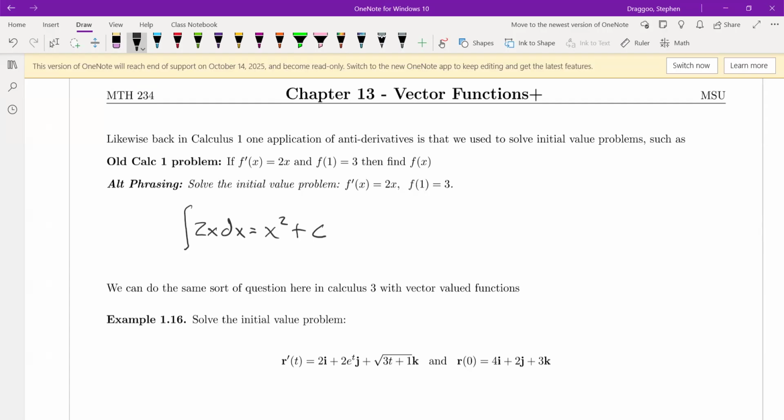And if f of 1 is 3, that means that f of x is x squared plus 2. To show the work in the middle of jumping from one to the other, I should have 3 equal to 1 squared plus c. Right, take my antiderivative with the plus c in it, plug in the point 1, 3, and I believe I get 2 equals c.